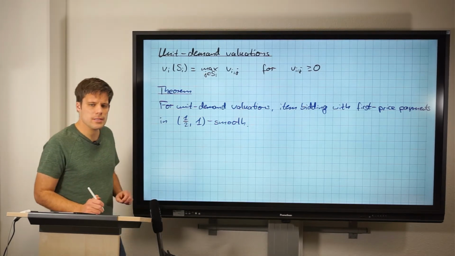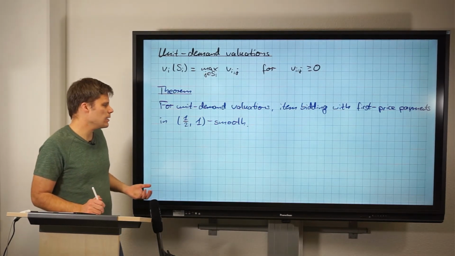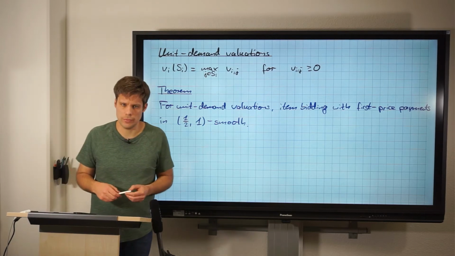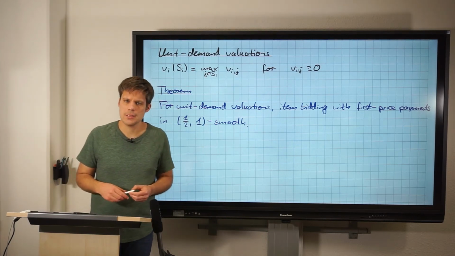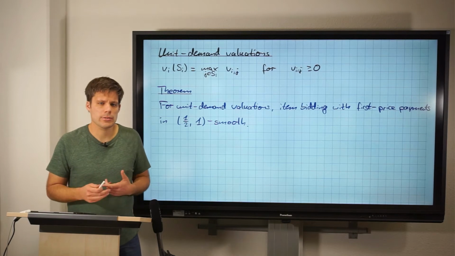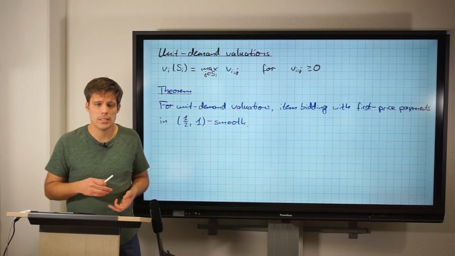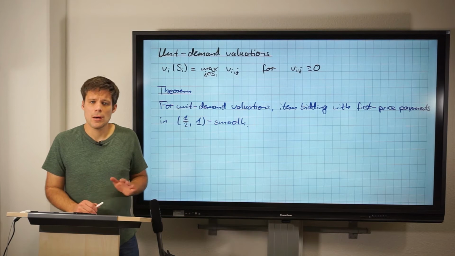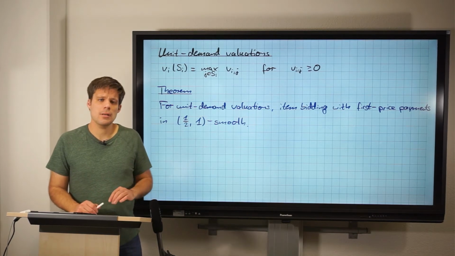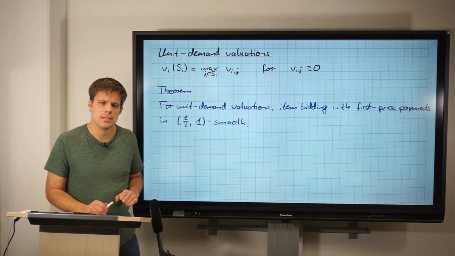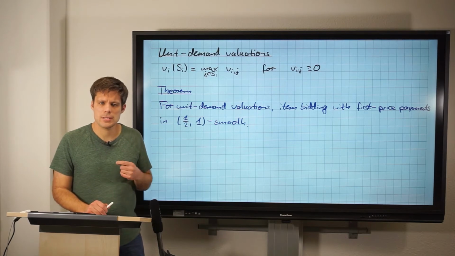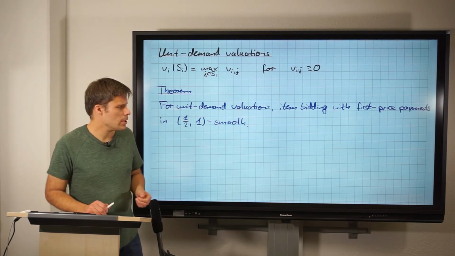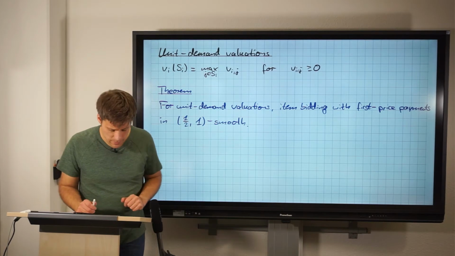So this means we get a price of anarchy of at most 2. And this holds for Bayes-Nash equilibria, coarse correlated equilibria, mixed Nash equilibria, pure Nash equilibria, all at the same time. We don't have to prove this for every single equilibrium concept, but we only have to prove smoothness.